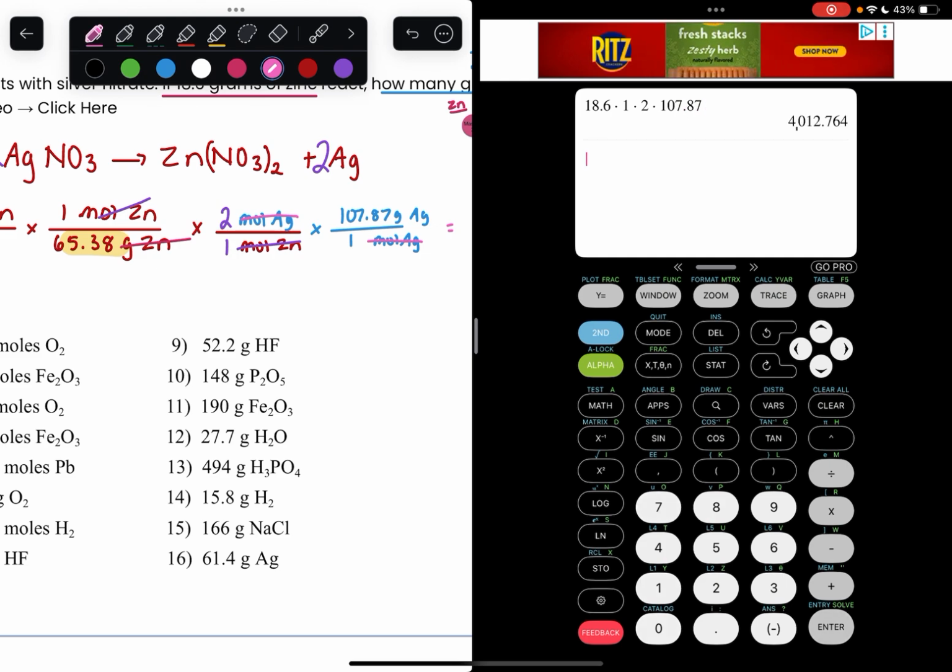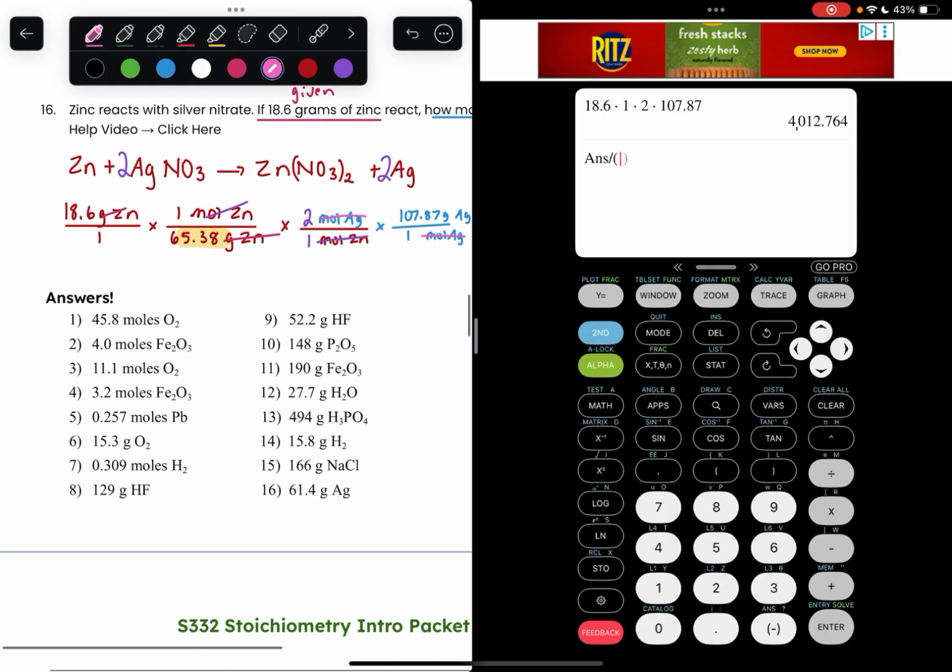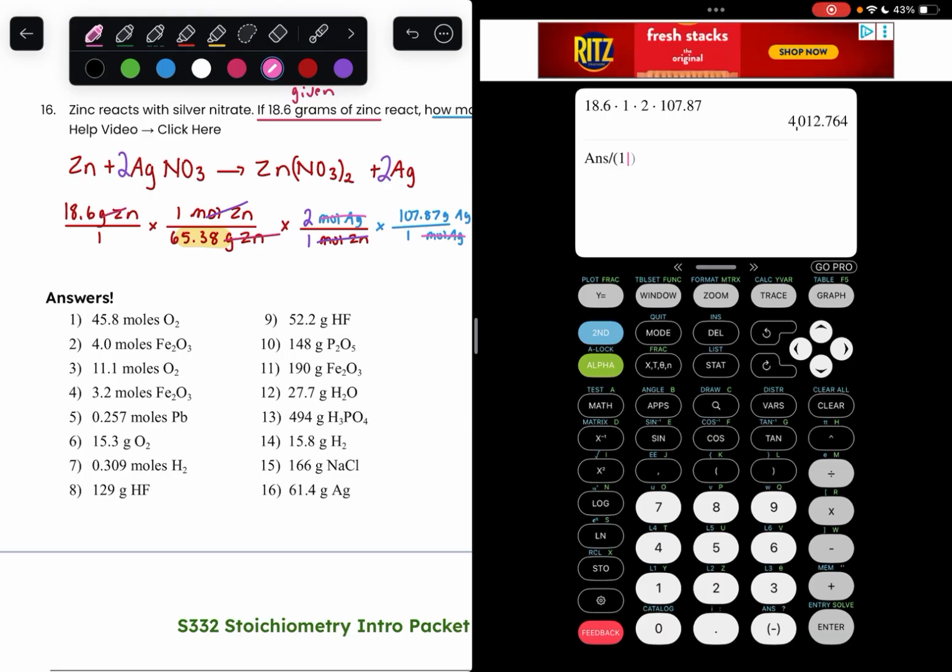I like to get that answer, press the divide button, and make sure you put the next series of numbers into parentheses. In this case, it won't matter either way, but it's a good habit to get into in case you have multiple numbers in the denominators of your fractions. It keeps you from screwing up your order of operations. We're going to go 1 times 65.38 times 1 times 1. Enter.